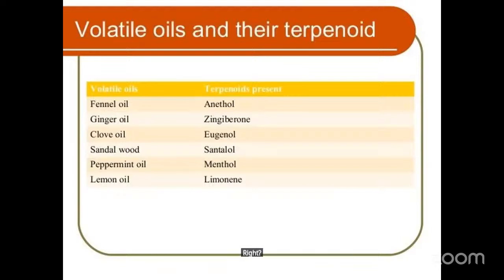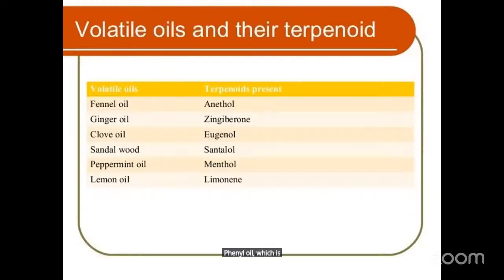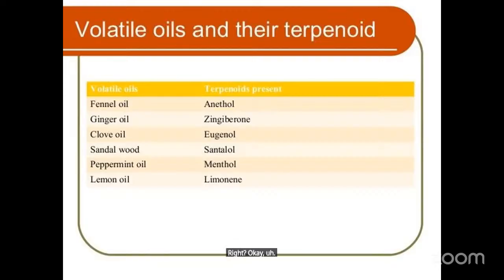So volatile oils and their terpenoids, particularly fennel oil, this is very, very important. Questions were asked on fennel oil, which is a chemical constituent present in the oil obtained from Foeniculum vulgare, right? Okay. Then again, ginger, there is gingerol, right?